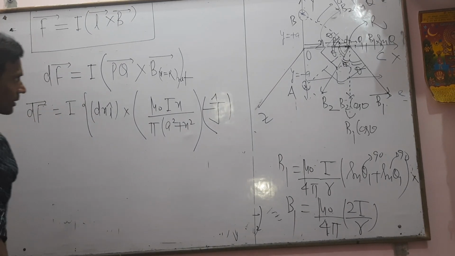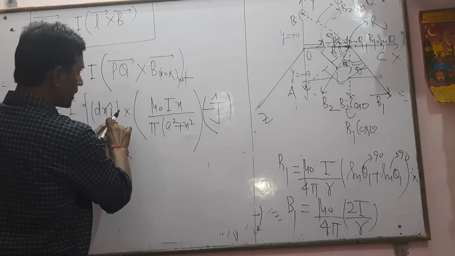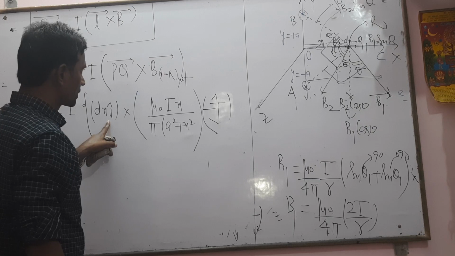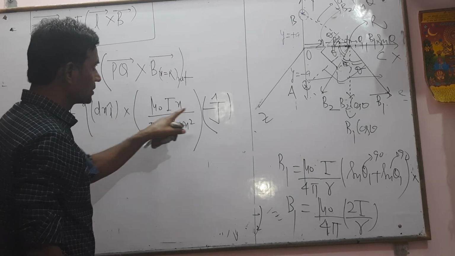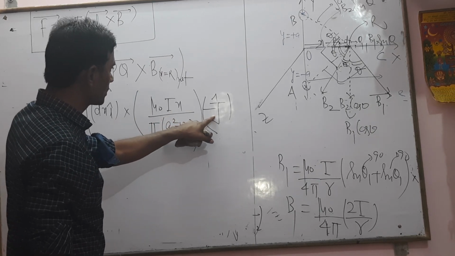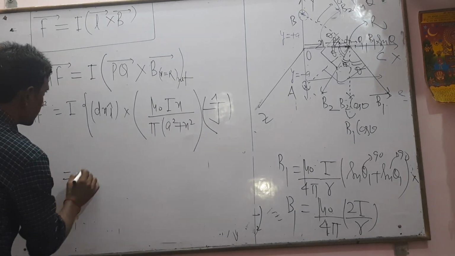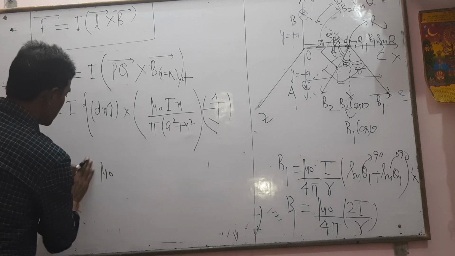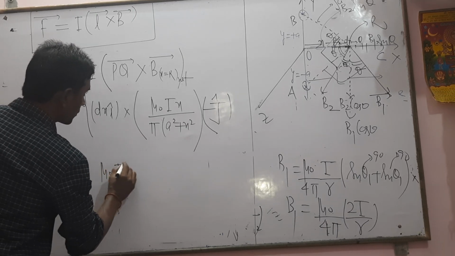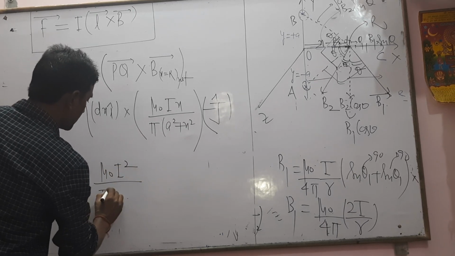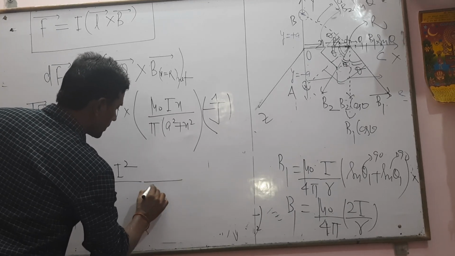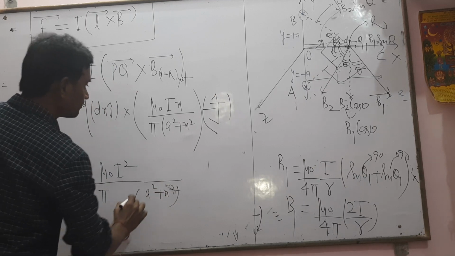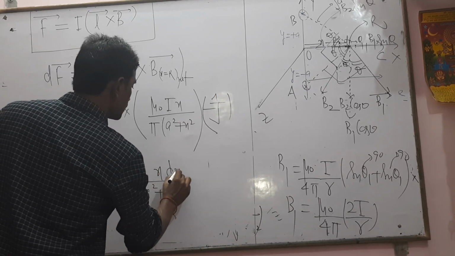Now integrating both sides. i cross j equals k. So i cross j equals k. Implies that we can say mu naught i into i equals i square divided by pi into a square plus x square, into x and into dx.